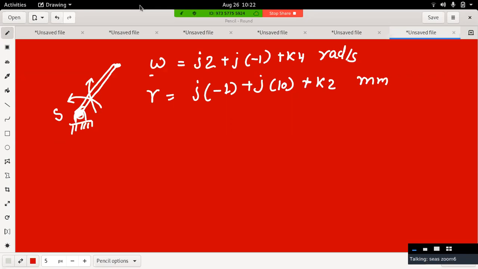And let's say we are required to find the velocity of this point P जिसका कि radius vector r और omega दिया हुआ है. So we are required to determine velocity of P. Notice that this P point can be anywhere on this link. So this P, but at this particular instant, the radius vector of P is given by this equation.